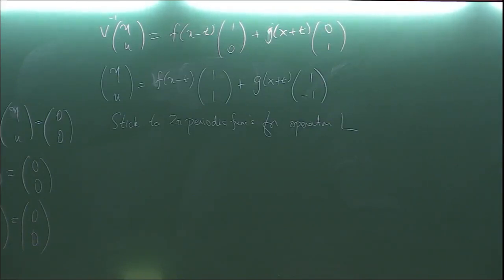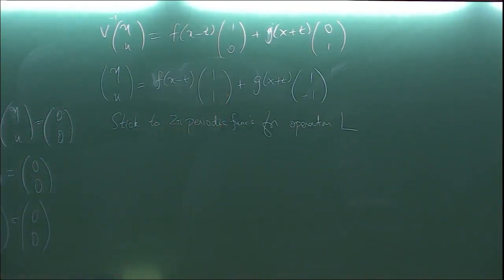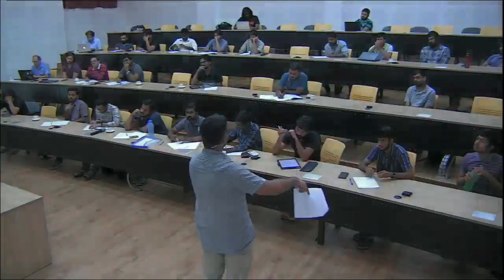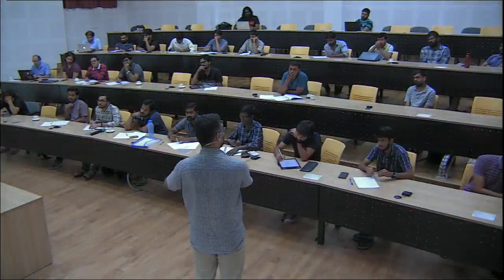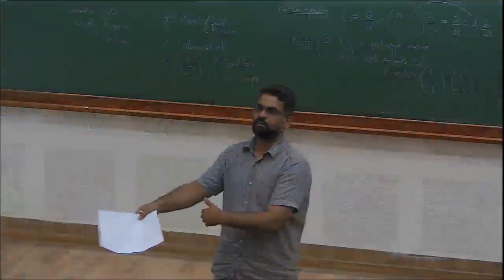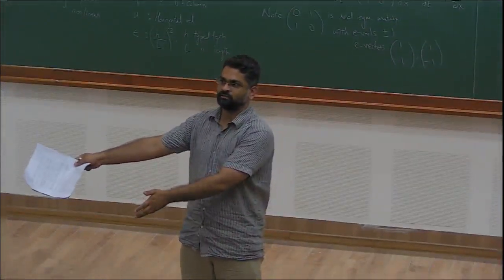Since it only appears in this combination, I can actually just deal with one profile variable, not with an x and a t. I can just deal with the combination x minus t or x plus t independently. Right? So I have an inner product for x minus t and an inner product for x plus t. And a function that depends on x plus t doesn't even belong to the space of x minus t functions.